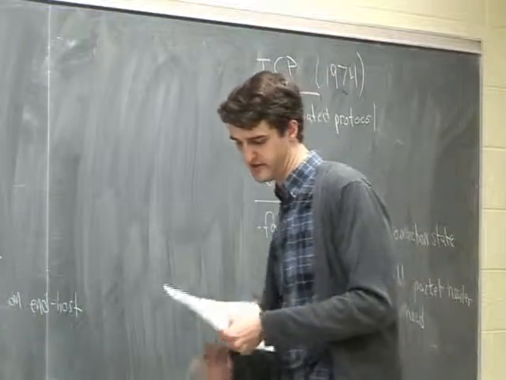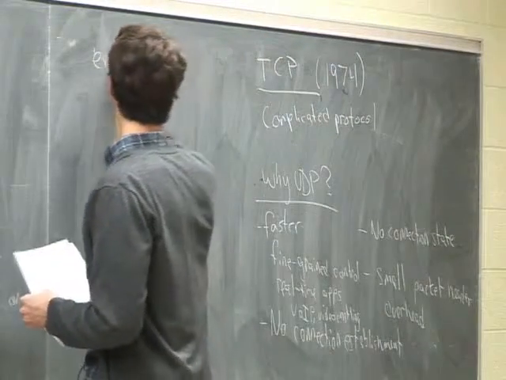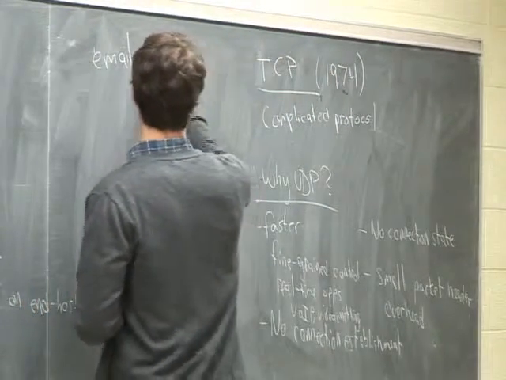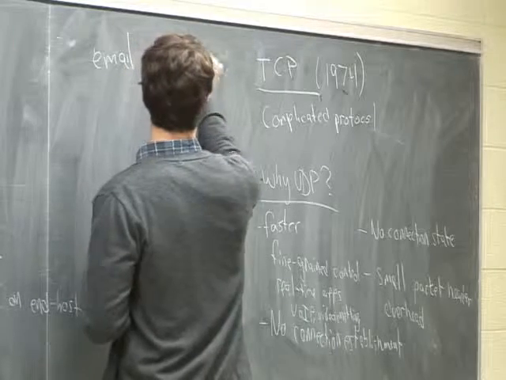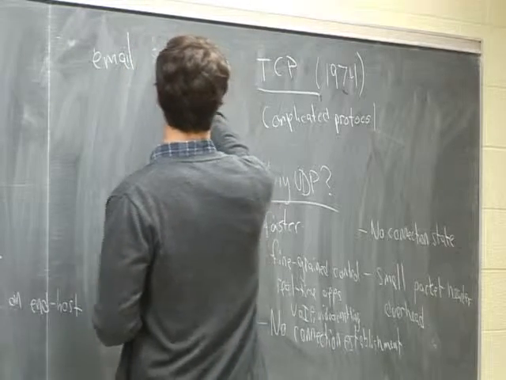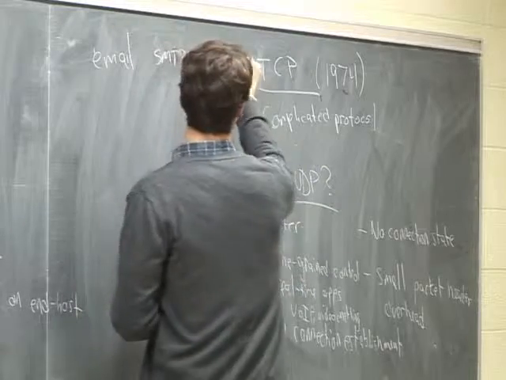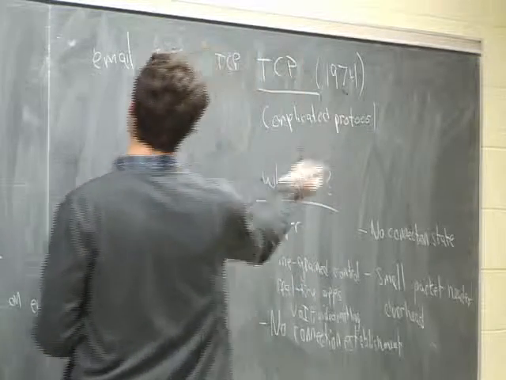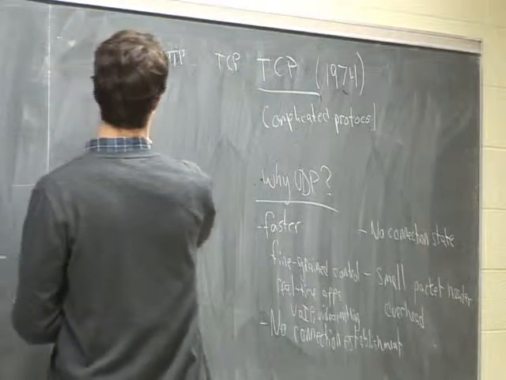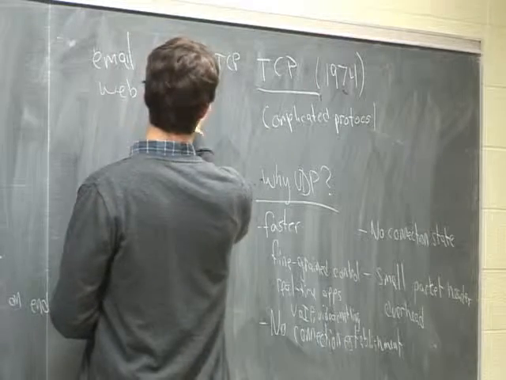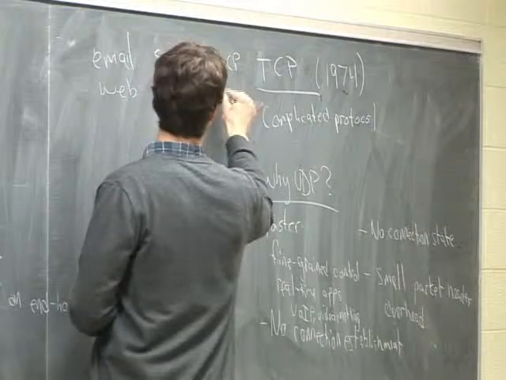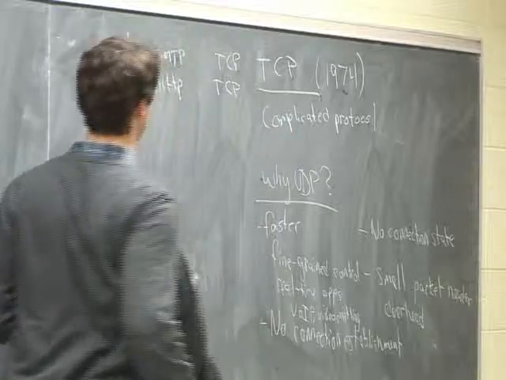All right, so let's go over what sort of transport a few different applications use. We talked about email, and email uses the SMTP protocol, as you have learned about, and this typically uses TCP. Web uses HTTP, which also typically uses TCP.